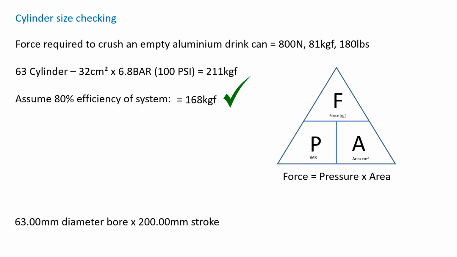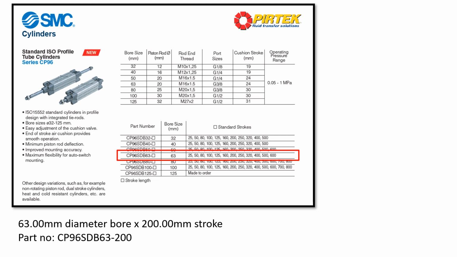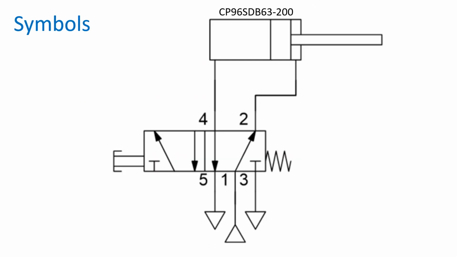Yes, let's select a stroke of 200 millimeters. A quick check on the Pertec Pneumatics catalog, and I've selected an appropriate cylinder for my application. Let's add the part number of the cylinder to my schematic diagram.